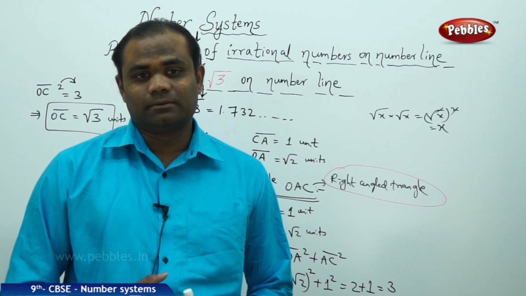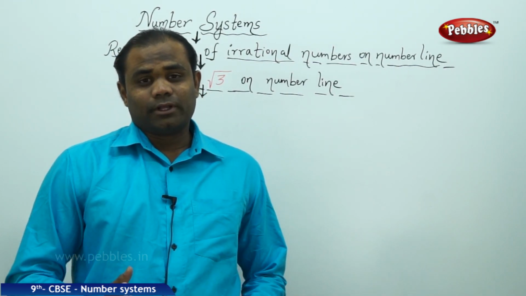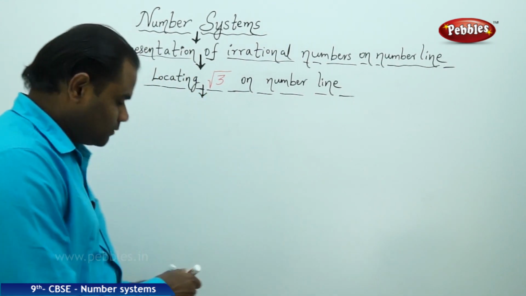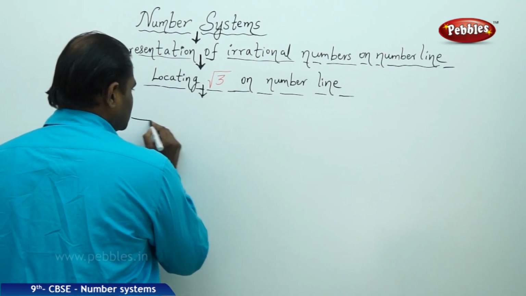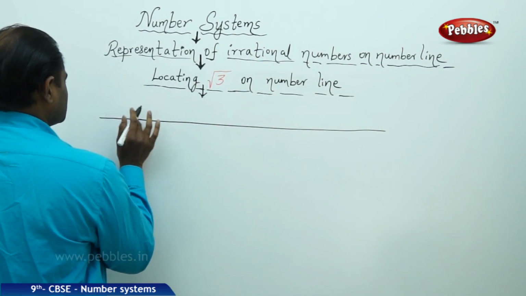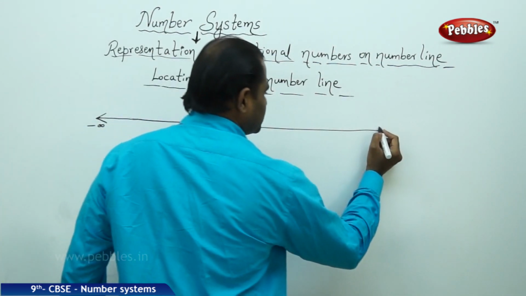Now let's take the real number line and locate root 3 on that real number line. So I have the real number line here, which extends from minus infinity to plus infinity.